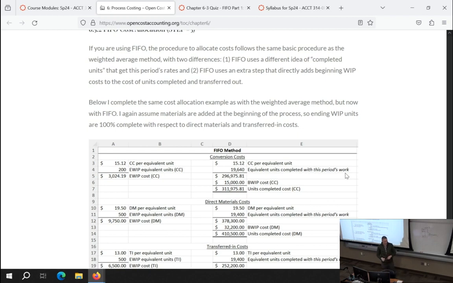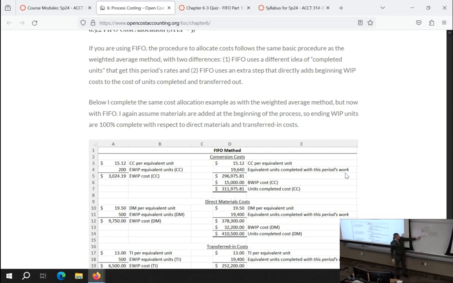The great news is, first of all, this situation is exactly the same. We've got our rate, and now under FIFO, our rate is just based on current costs.